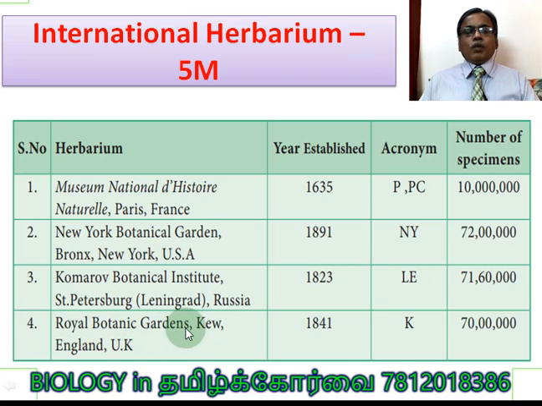Fourth one is Royal Botanical Garden, Kew, England, UK, 1841, the year of establishment. Acronym K, K stands for Q. Number of specimens, 70 lakhs. So Kew, England, this is one of the largest herbaria in the world.